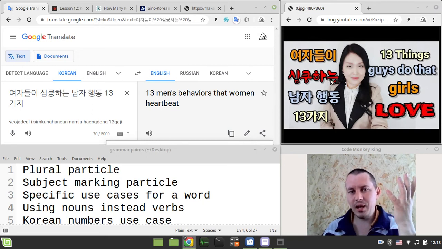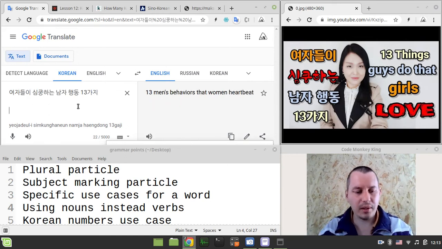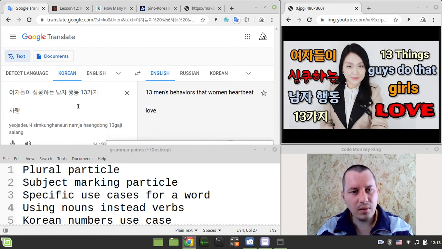What else? I know that if I want to talk about things that girls love, I need to use the word heartbeat, because the literal translation for love would be saran, and this is what the Google Translate assistant would come up with. Saran, love. Okay. If we want to turn this into a verb, we can add ha, and to make it a dictionary form, it would be saran hada, like this.